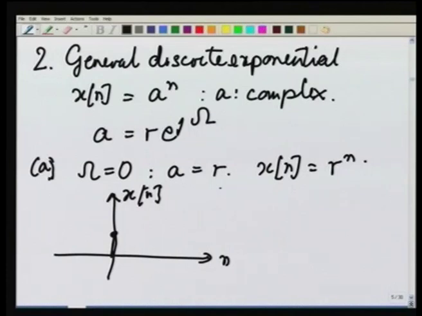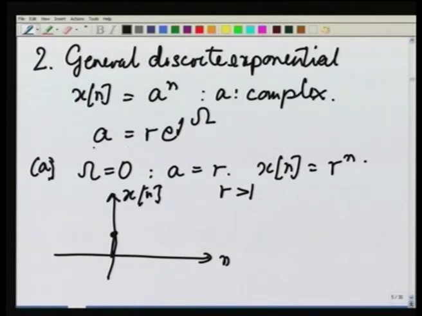Let us start with assuming that r is greater than 1. If r is greater than 1, then r cubed is greater than r squared, and so on. While for n less than 0, we get square root of r, cube root of r, and so on, where we will of course take the positive roots.